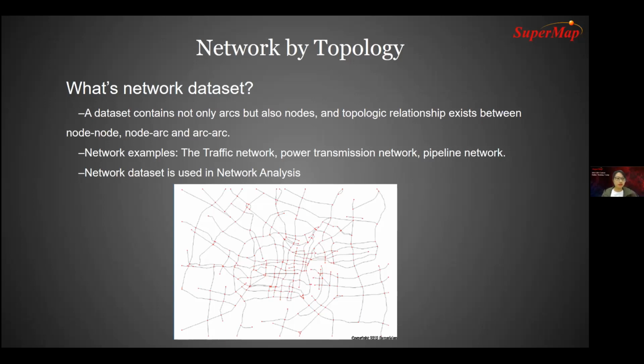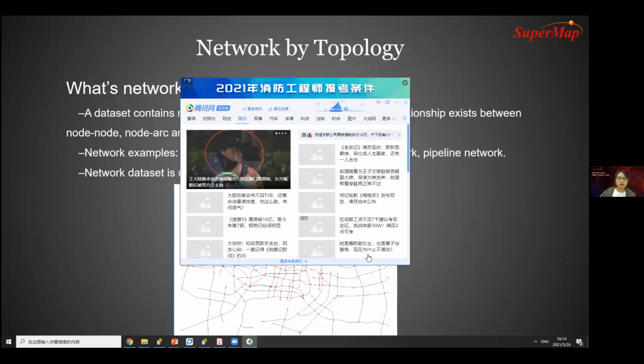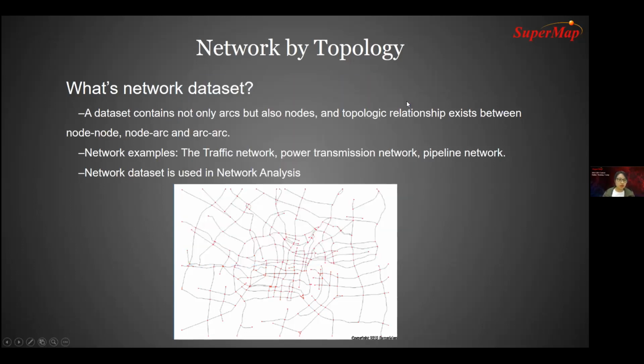So for the transportation network, the network dataset is a model composed of a group of interrelated arcs, nodes, and their attributes, such that the roads are the arcs, and the crossings or the stops are the nodes.